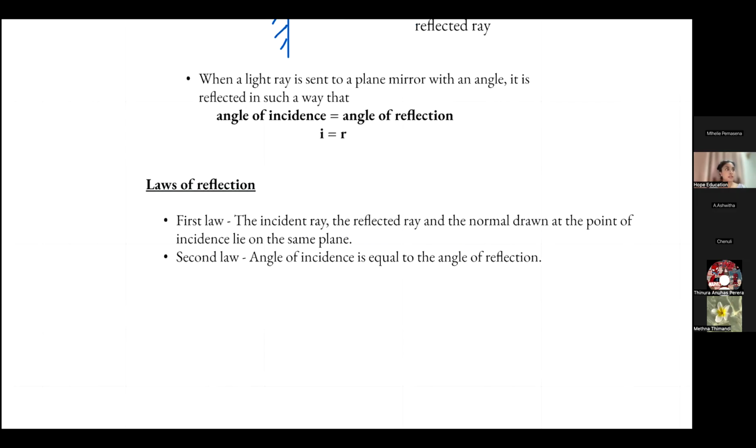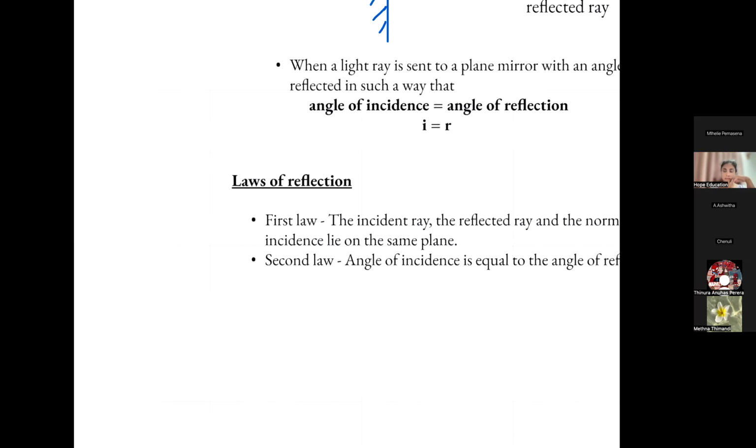Can you see it? So on the board, what I have written last is the second law: angle of incidence is equal to angle of reflection. Can you see that part?